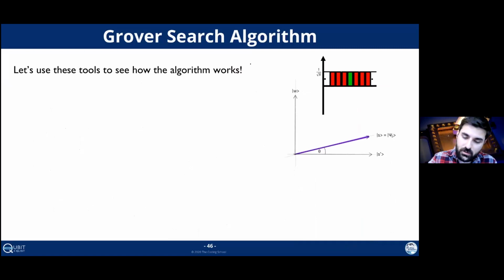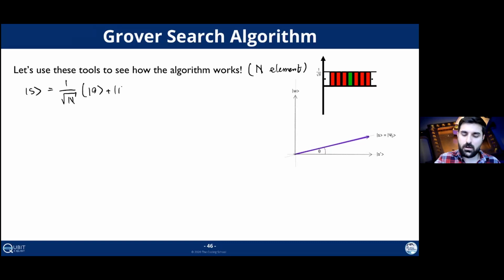Now, of course, I'm generalizing this to n possible elements rather than just 4. If I have n elements, then an equal superposition will have 1 divided by square root of n up front, times 0 plus 1 plus, every number, all the way to n minus 1. The reason it's n minus 1 instead of n is because we started from 0, so the total number of elements is actually n.